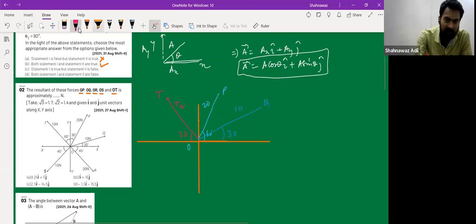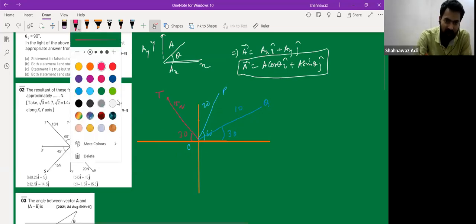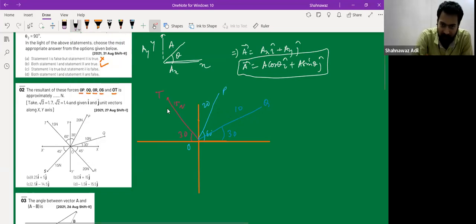Then we have 1, 2, 3 done, and 2 more. So OS is 45 degree, and magnitude is 15 Newton, right?